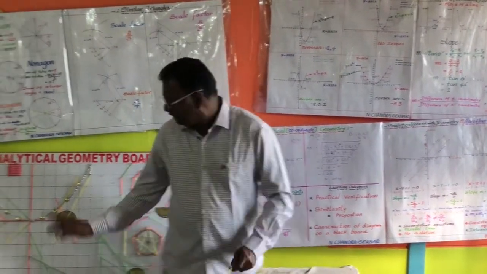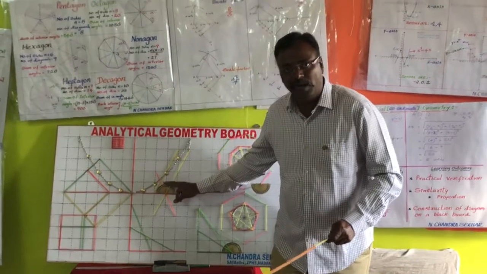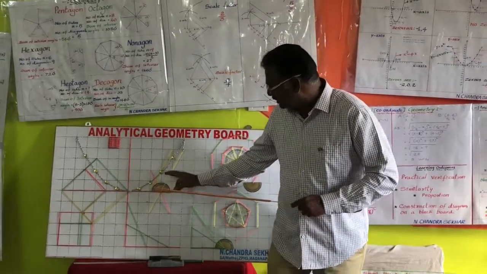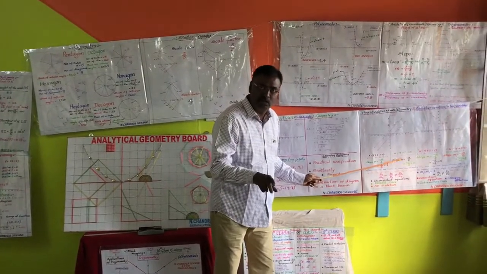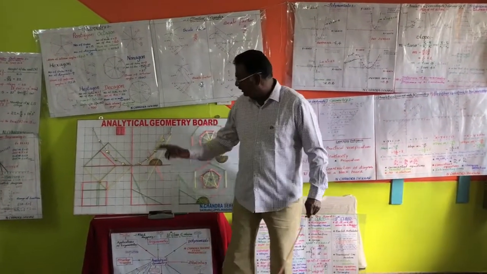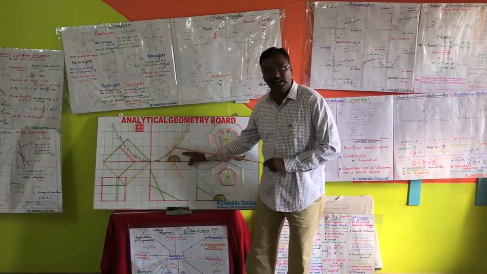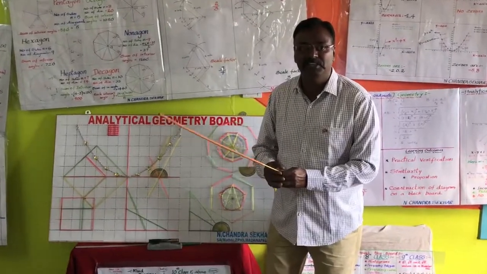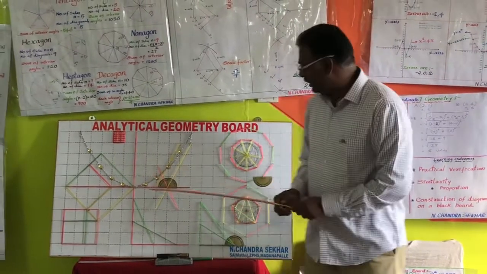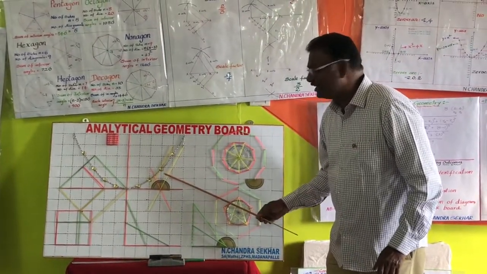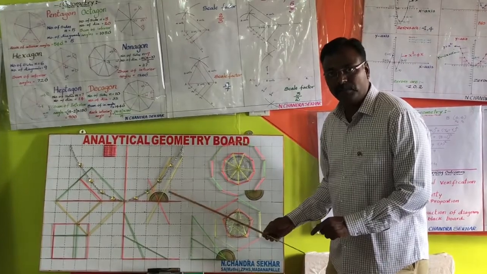The same concept: the slopes are equal here. When the slopes are equal, the lines are parallel. We will find the relation like this. Here in analytical geometry, we learned that when the slopes are equal, the lines are parallel.